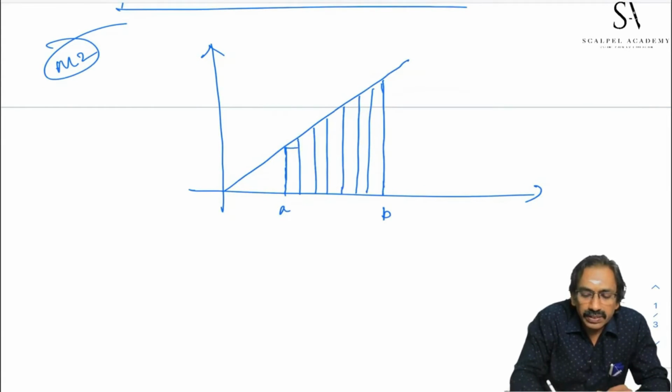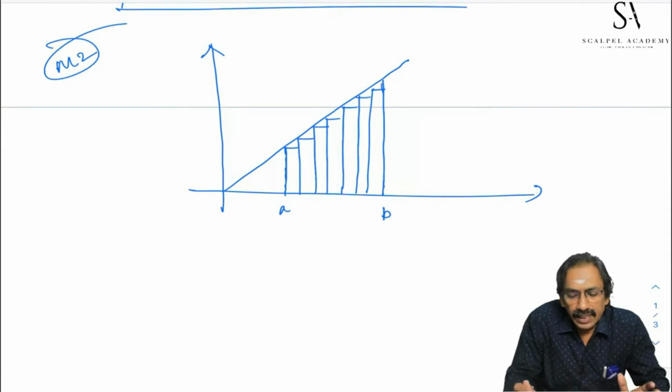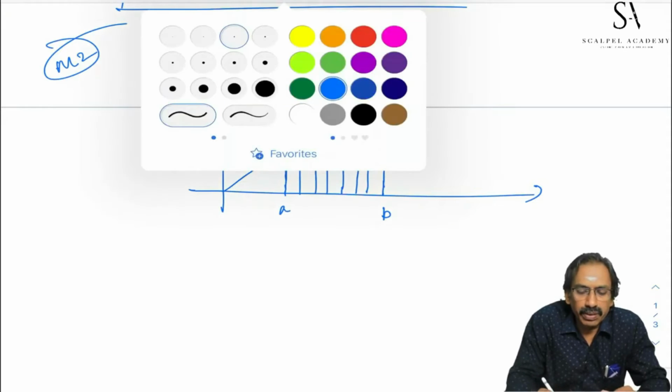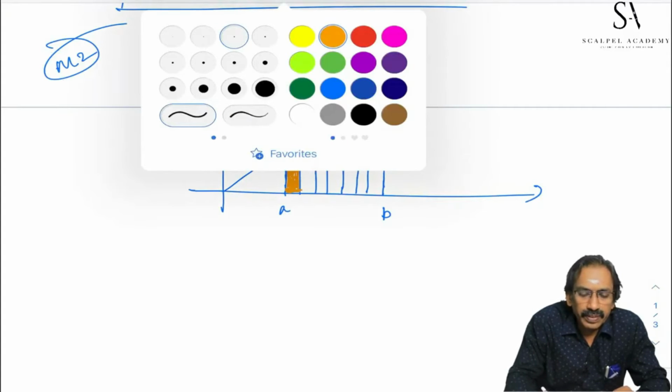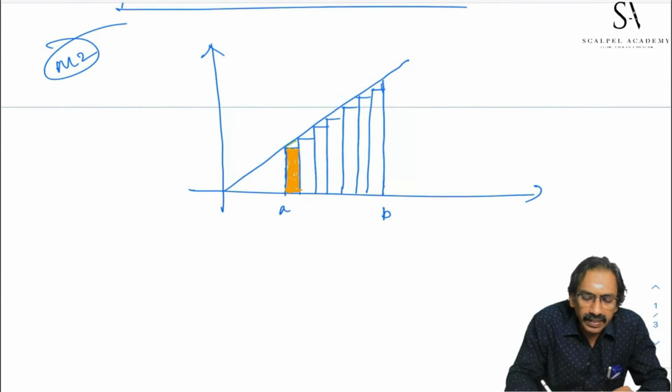Look at that: first element, second element, third element, fourth element, like that. Each element, each bar, this is the bar element: one rectangle plus one triangle is there. The triangle I shaded with green. This is the triangle. So each bar consists of one triangle and a rectangle.